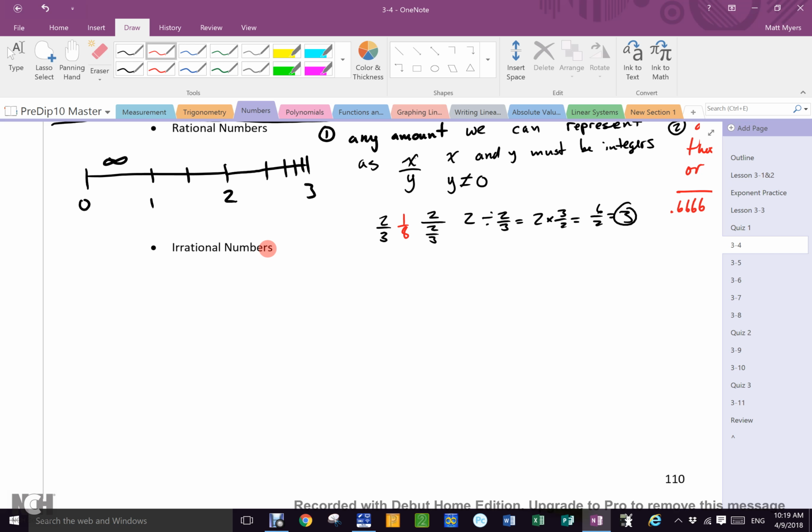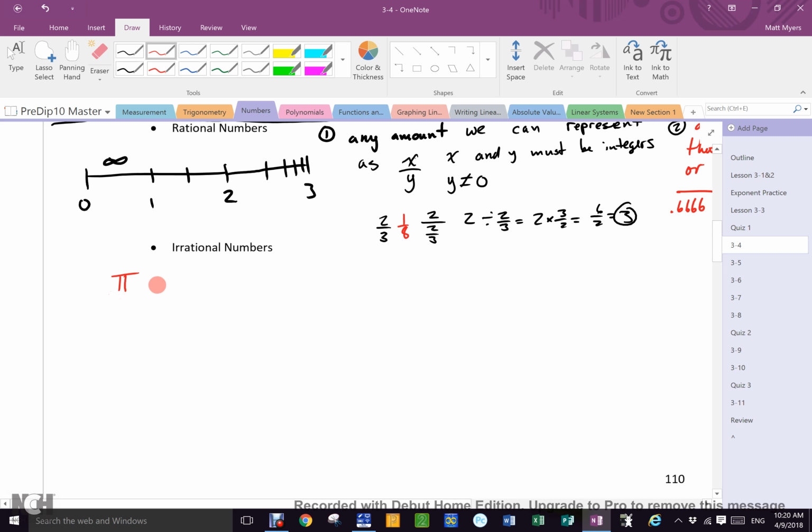So, what's the most famous irrational number that we have already used a lot this year? Pi. Because does pi ever end? No. Not that we know of. Does pi ever repeat? No. Not in the first trillion digits. Okay? There's a lot of irrational numbers. We use symbols for a lot of them.